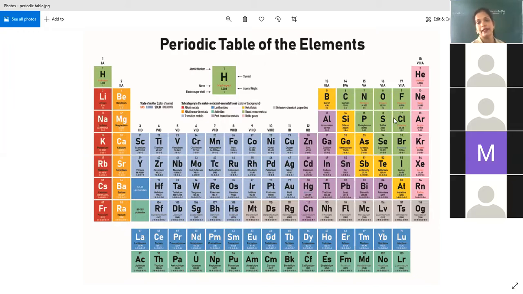So electron gain enthalpy we will be talking about in terms of a typical element, chlorine. Chlorine takes one electron very easily and changes to Cl minus ion, and lots and lots of energy will be released.